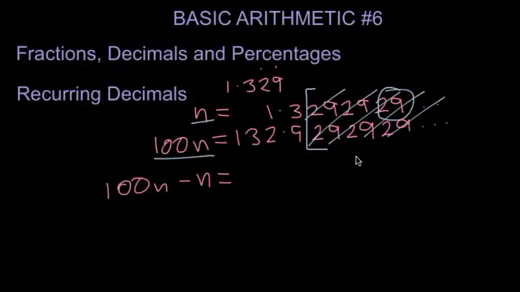So let's do the subtraction, and we'll end up with 9 minus 3 is 6, and then 2 minus 1 will be 1, and then we'll have a 1 and a 3. So in effect what we'll have is 100n minus n is equal to 131.6, and 100n minus n is actually 99n. So we've got 99n.